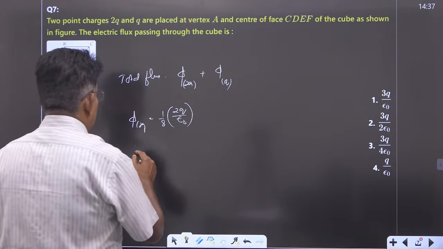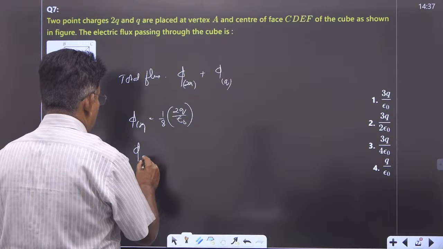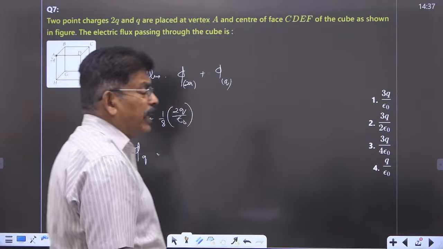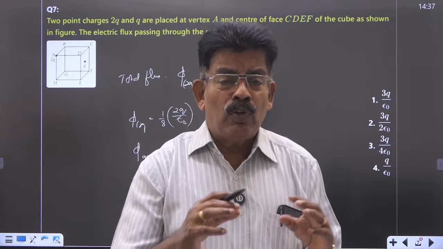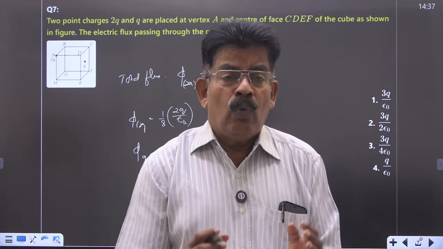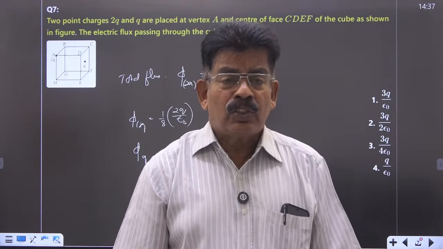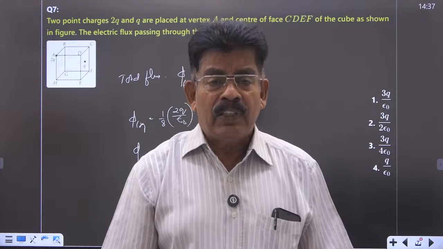Now, what about flux through the charge q? Charge q is kept at the center of a face. To make it symmetric, we have to think about one more cube placed in contact so that this charge q will be at the symmetric center. Then only you can apply Gauss's theorem.